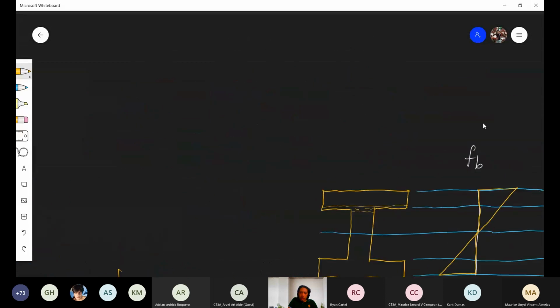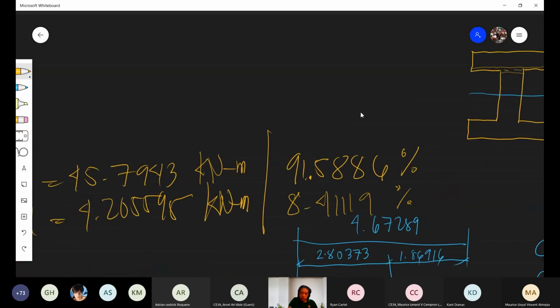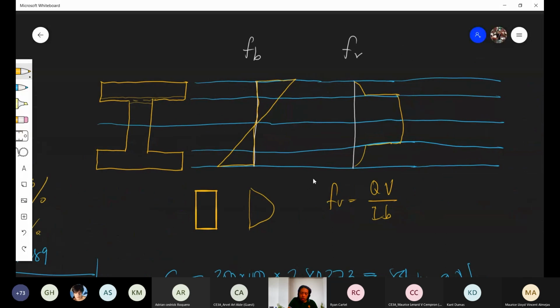We just proved that. Let me explain. Wait, let me find the... If you look at the FV, most of the stresses, most of the horizontal shearing stress, is distributed in the web. There is a maximum in the horizontal shearing stress.